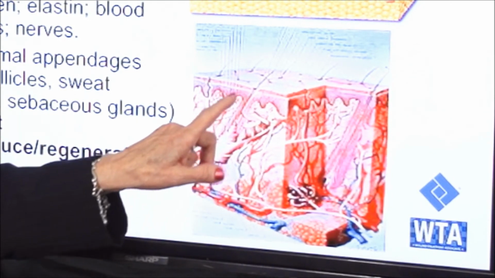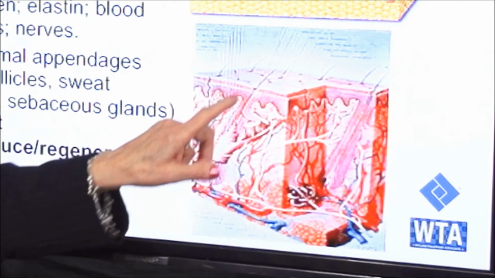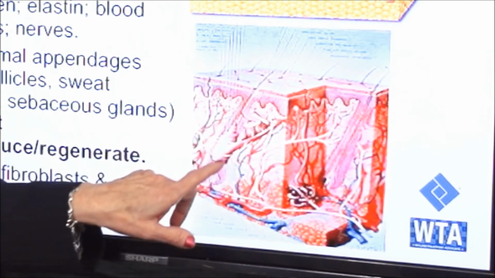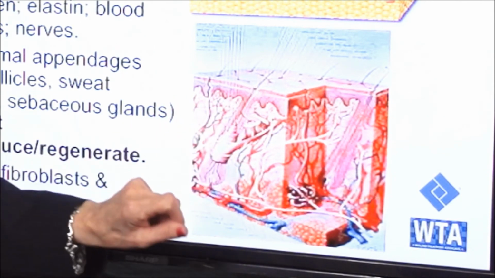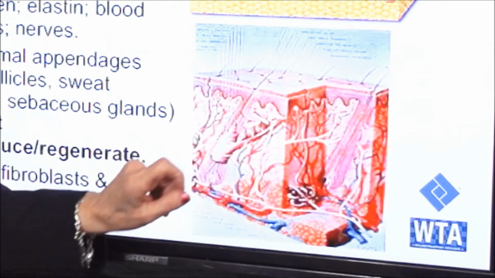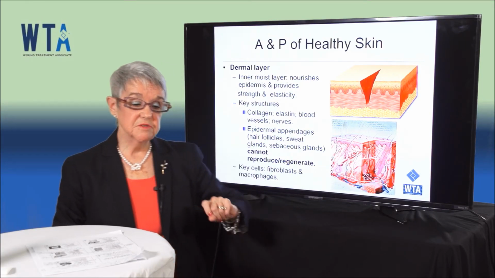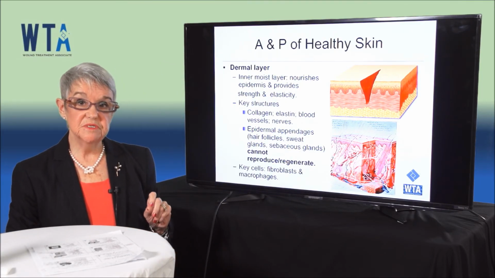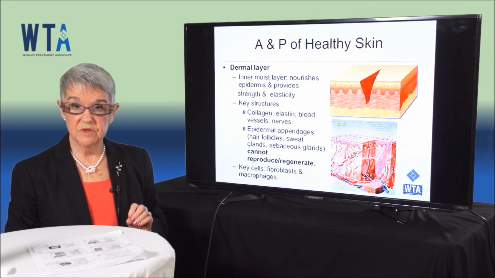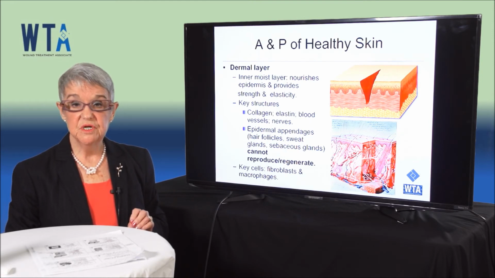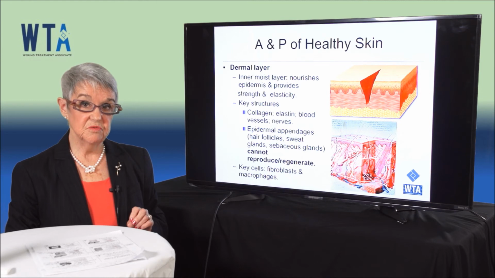So they provide, in a way, a repository or a bank of epithelial cells that can help heal wounds as long as they're intact. However, as we mentioned, the epidermis is able to regenerate and regrow itself if it's injured. The dermal tissue is not able to regenerate.